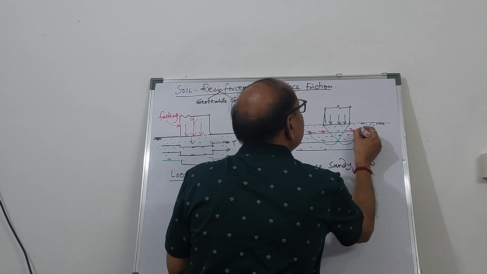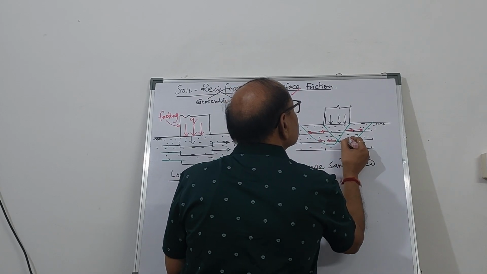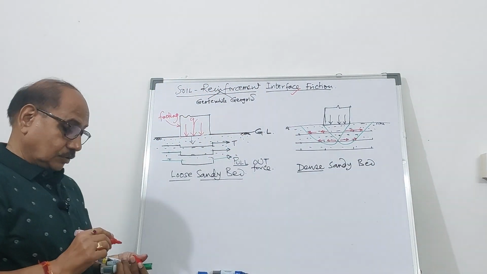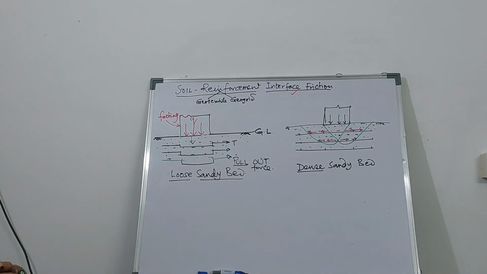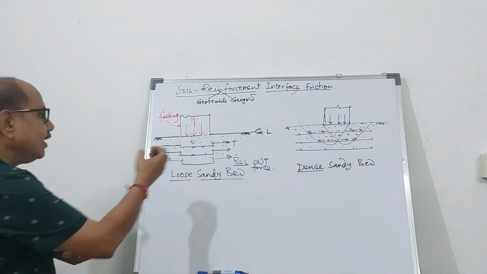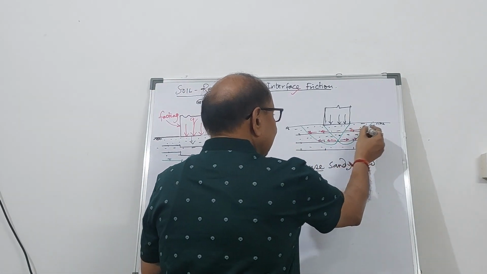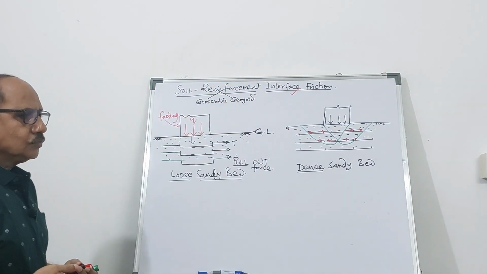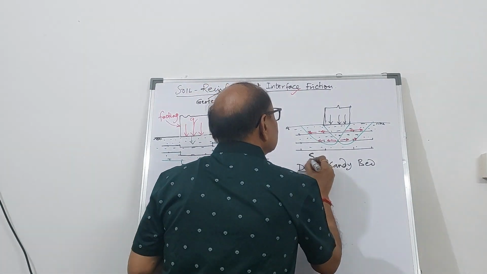The movement of the soil is going to be like this, and it will result in sliding resistance. So here it is being pulled out. Here, because of the frictional force that is getting developed because the particles are trying to slide. So it is a case of sliding resistance.